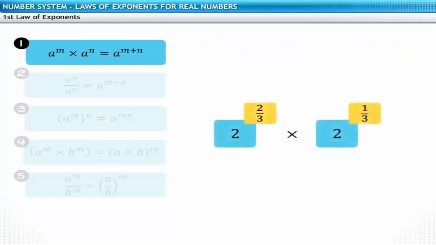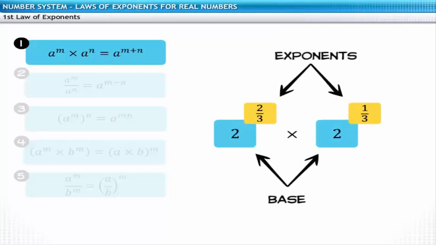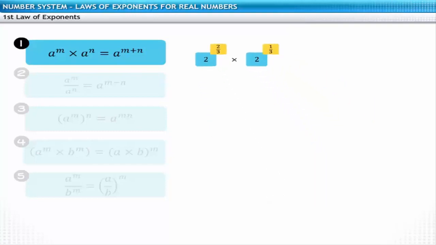Let's consider another example. Here, we have two terms with the same base and exponents 2 upon 3 and 1 upon 3. Now, let's simplify it.